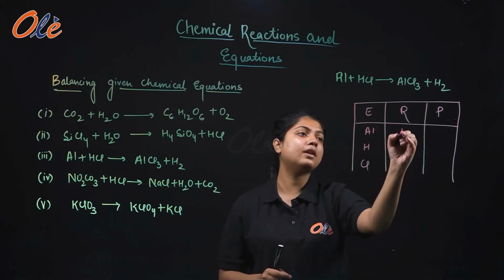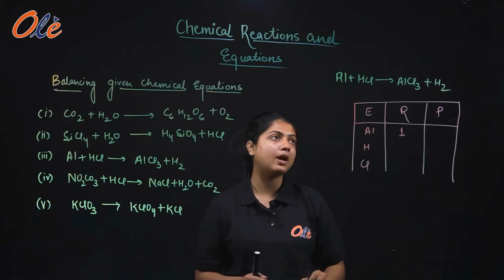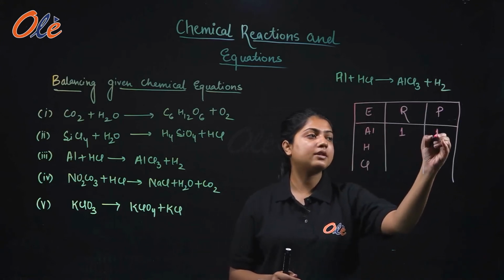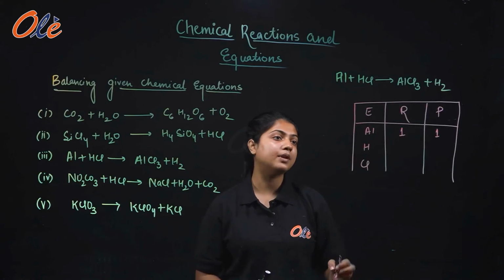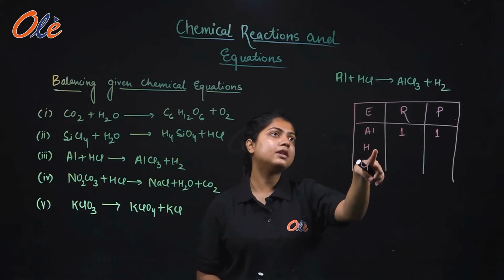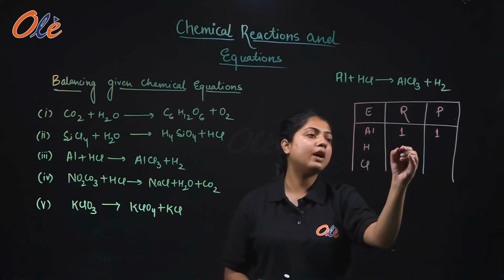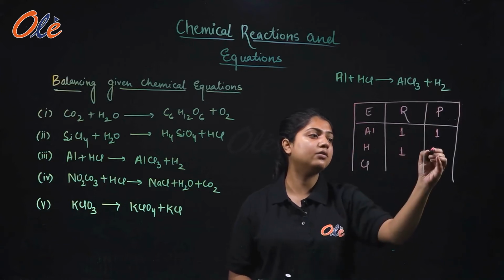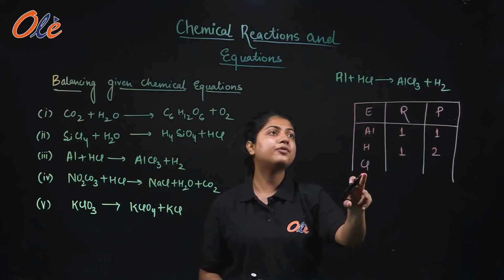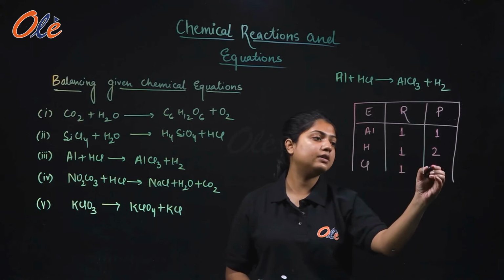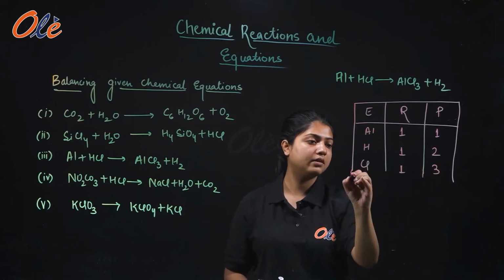Al is only 1, aluminium atom is only 1 in number, and in the product side it is also only 1 in number. In case of hydrogen, let us count only 1 and here 2. In the case of chlorine, it is only 1 and here 3, right?